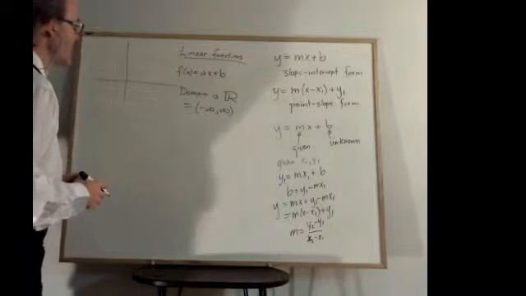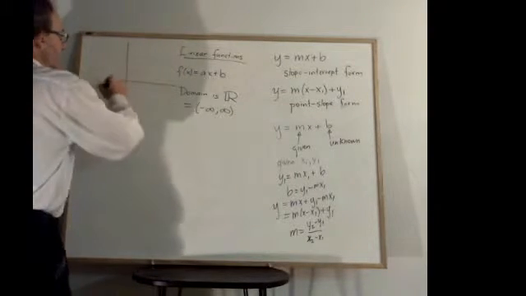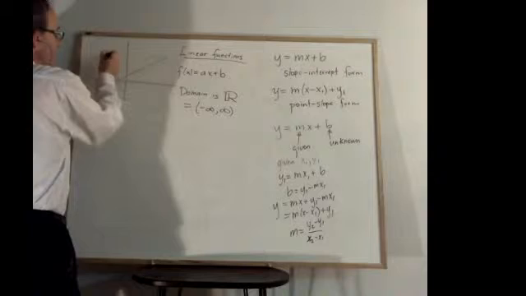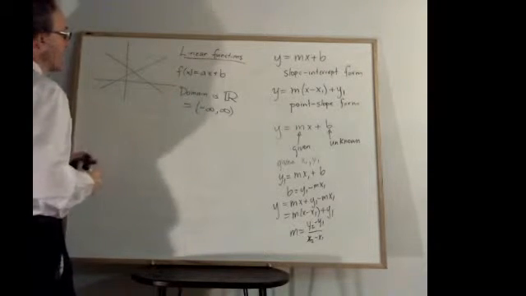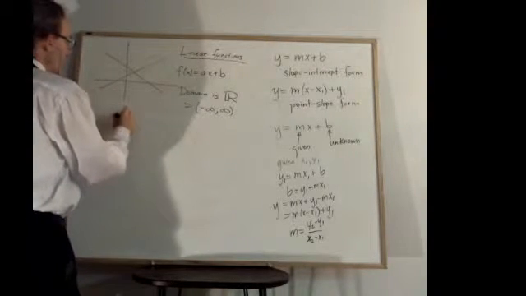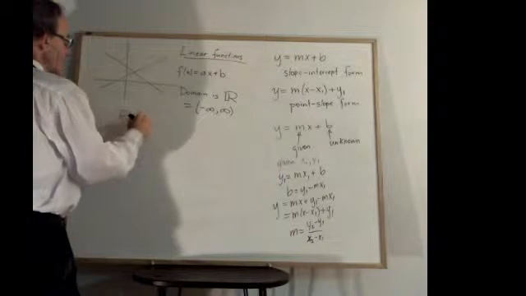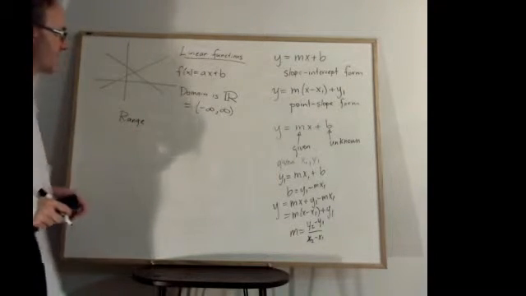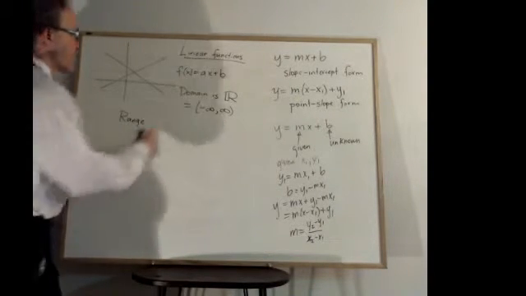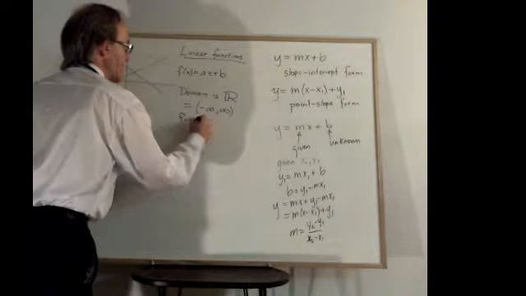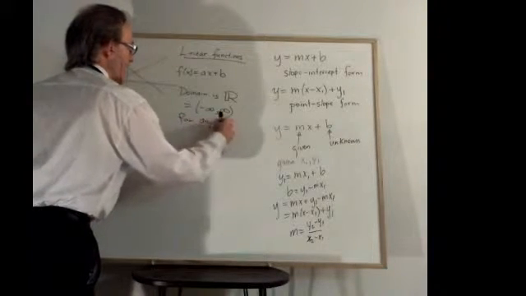And what is the range? The domain goes on like this, or going down like this. The range will depend on the choice of a, whereas the domain is true for any a or b.